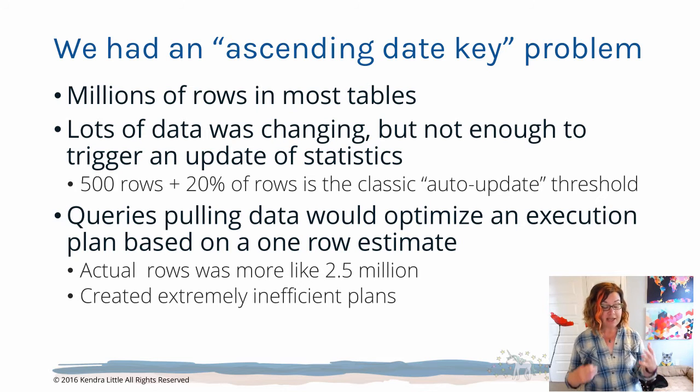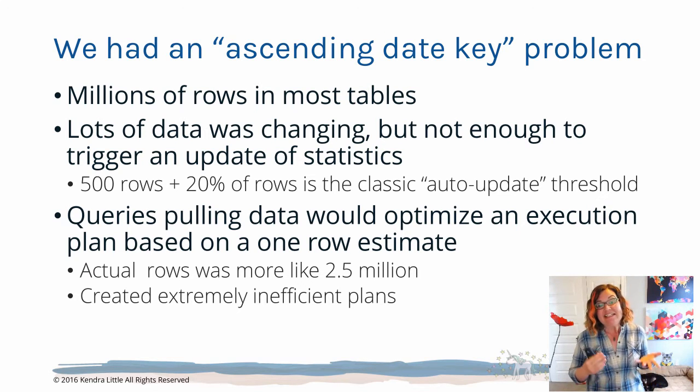So if I'm going over and saying, hey, it's 6 a.m. now. I last pulled data at 4 a.m. How many rows have changed since 4 a.m.? If statistics on the last updated column I'm looking at last updated at midnight, it's going to say, oh, well, maybe 1 row.